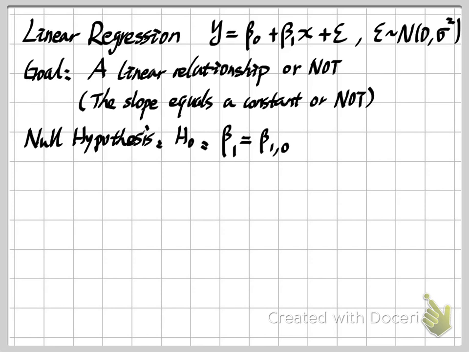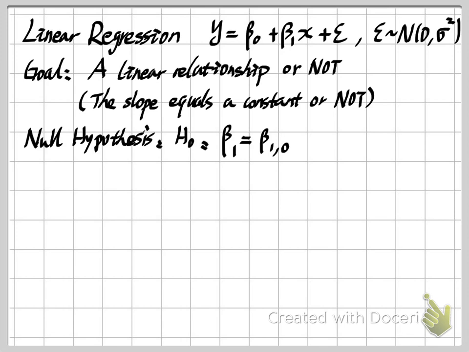Previously, when we tested whether a mean equals a number, we said mu equals mu 0, right? We always use the subscript 0 to show this is some constant number we plug in when we do a problem. Similarly, we also use the subscript 0 to show this is our assumption or our claim.